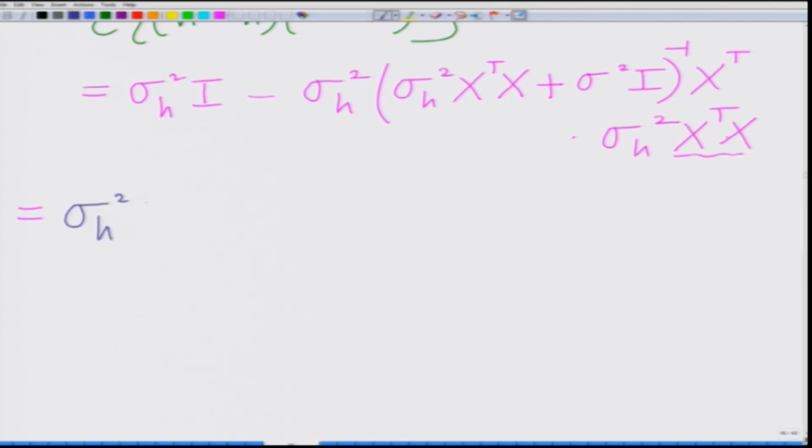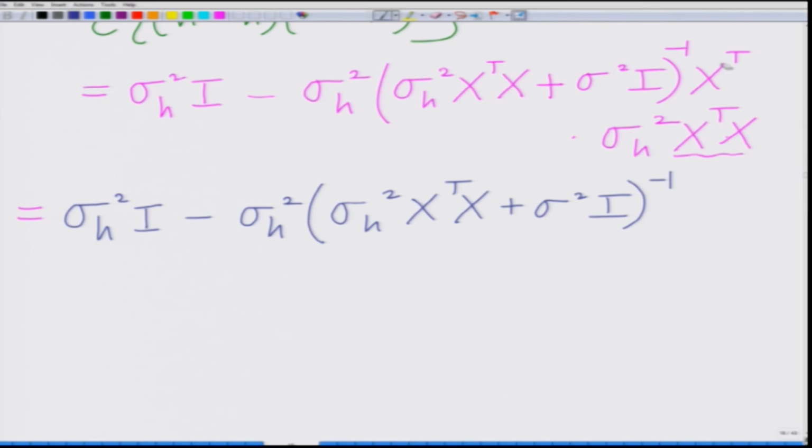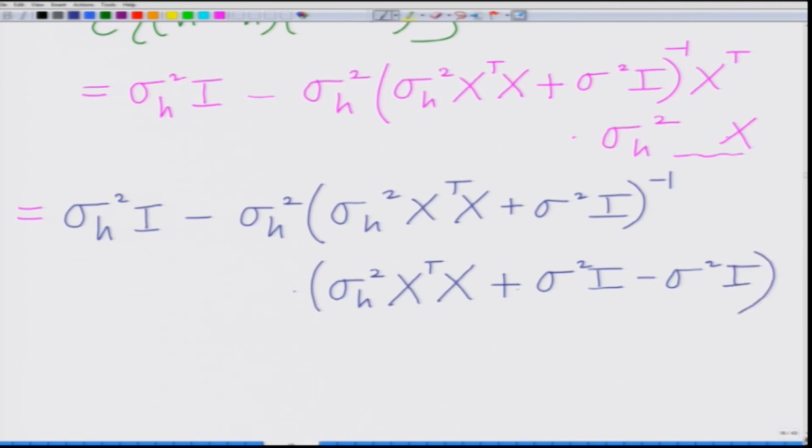This will be sigma h square identity minus sigma h square into sigma h square x transpose x plus sigma square identity inverse, and now into this x transpose x I am going to have sigma h square x transpose x plus sigma square identity minus sigma square identity.